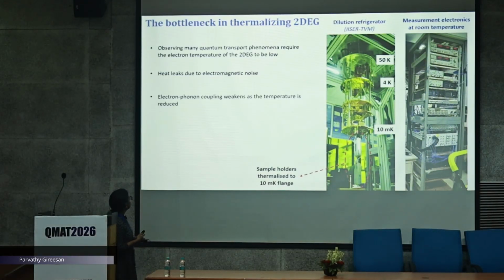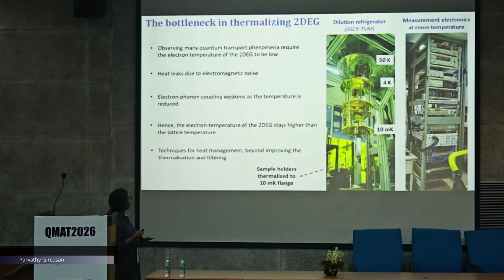And further, since the electron-phonon coupling between the 2DEG and the lattice weakens as the temperature is reduced, cooling the lattice does not cool the 2DEG. So this keeps the 2DEG temperature much higher than the crystal temperature, even when the lattice is properly thermalized to the cryostat.